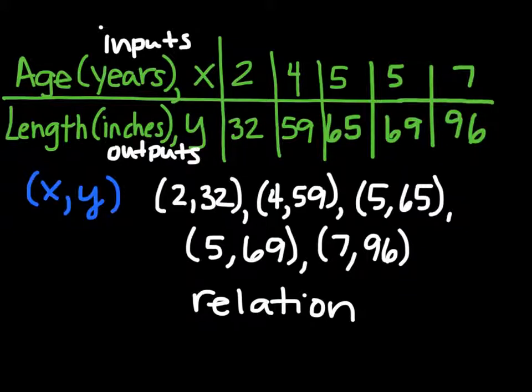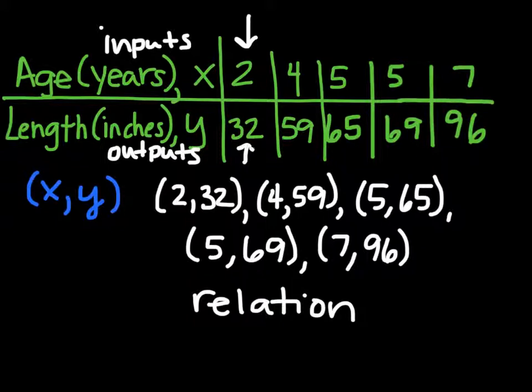So to talk you through this chart using that language, the relation is the pairing of our age and our length. The domain is age. This first alligator is 2 years old, so we input 2. Our output, or our range, is the length.